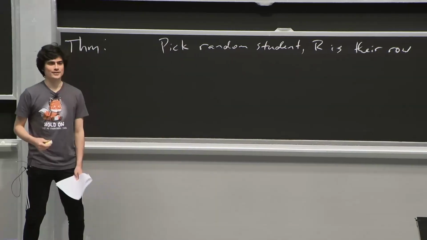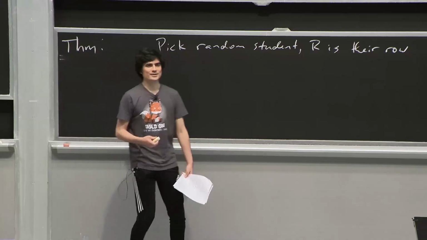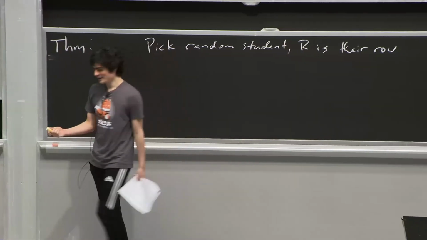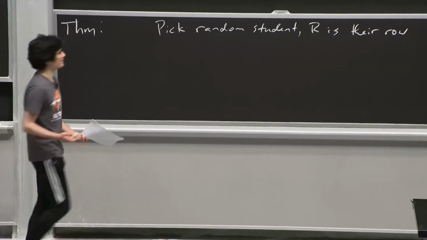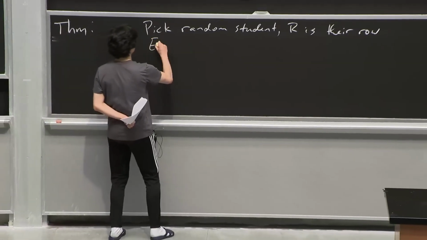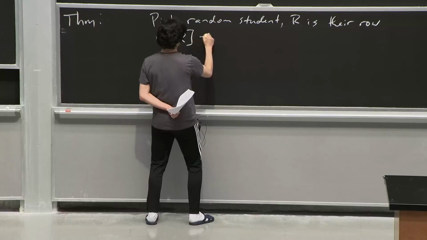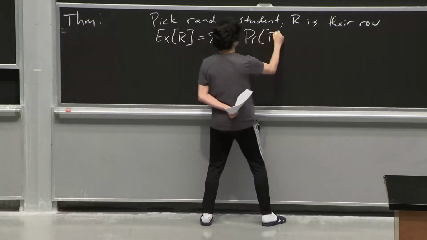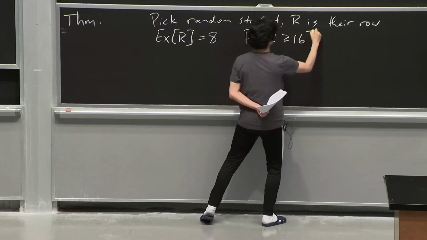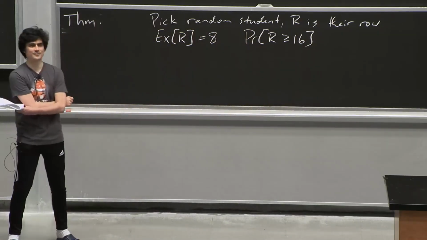So for those of you who aren't in the room, those of you who are watching the video, what does that tell them about the probability that R is at least 16? So what's the probability that a randomly selected student is sitting in the last 5 rows?